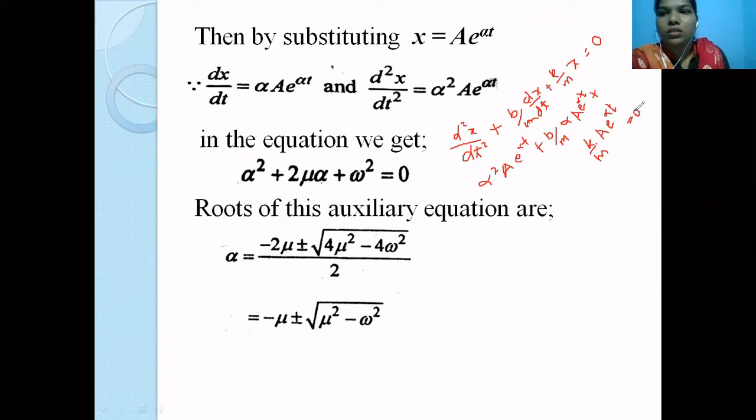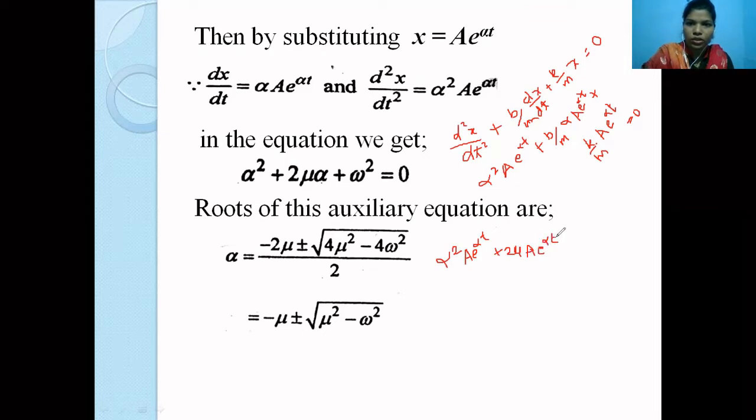In the third stage, what I'm going to do is I'm going to replace with all the substitutions. Okay, so this is alpha square A e raised to alpha t, plus for b by m we have 2 mu A e raised to alpha t, and we have an extra alpha there.